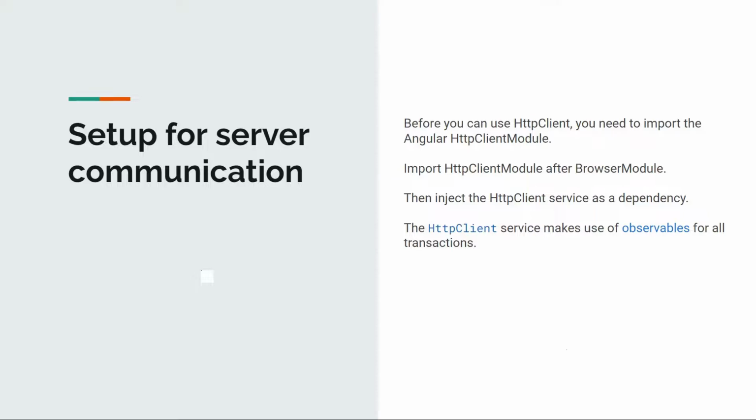And if there are several modules, rather than importing it in the app module, we can use it in separate modules. But in our application, we are going to import HTTP client module in our app module. And there is an important thing: when importing HTTP client module, it always needs to be imported after the browser module. Okay, let's move to our code.